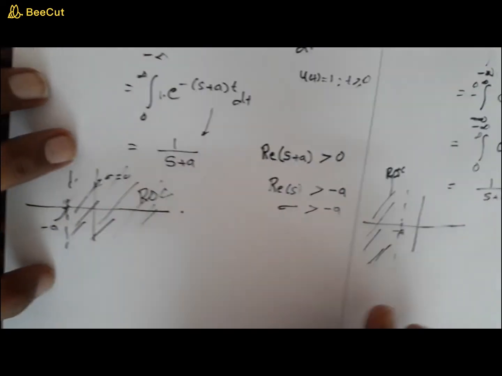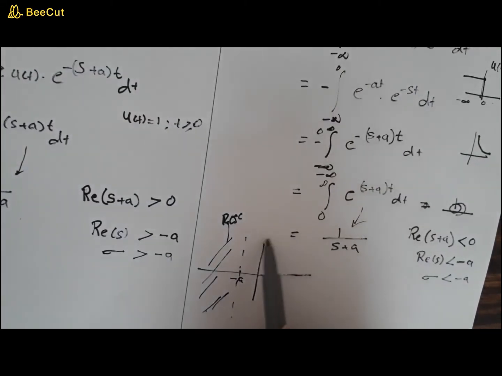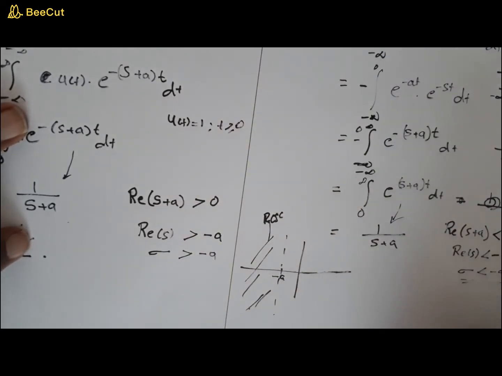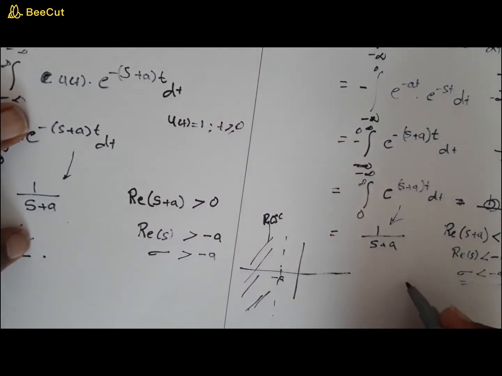So what can you say about the Laplace transform of the signal in this region? You will say that there is no Laplace transform existing in this region. It has a Laplace transform only in the region where sigma is less than minus a. For example, if you assume a to be 2, sigma is less than minus 2. What is the meaning of that?